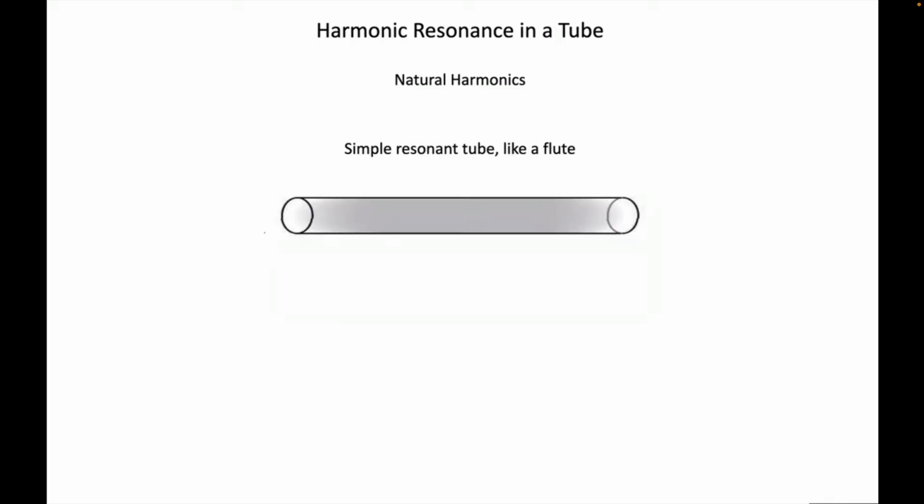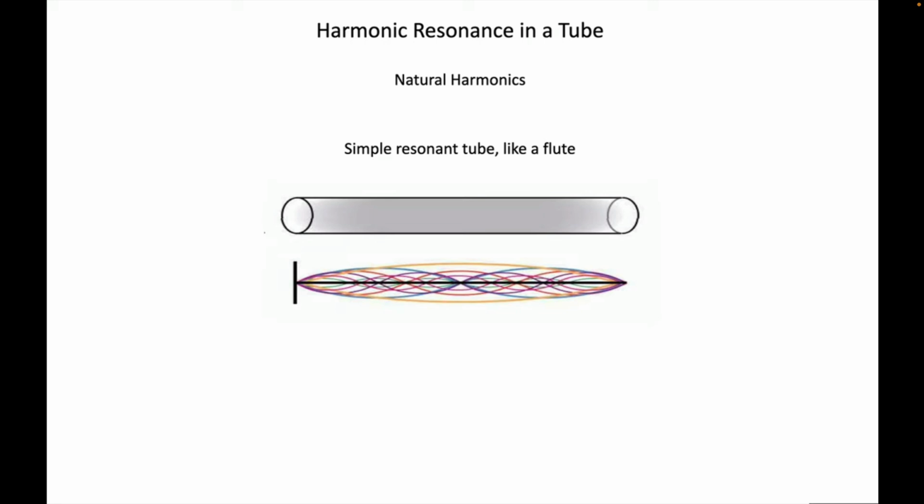Consider a simple resonant tube like a flute. When you blow a note in a flute, a pattern of standing waves emerges in the body of the flute at the same time as a sonorous tone, a harmonic tone, emerges.